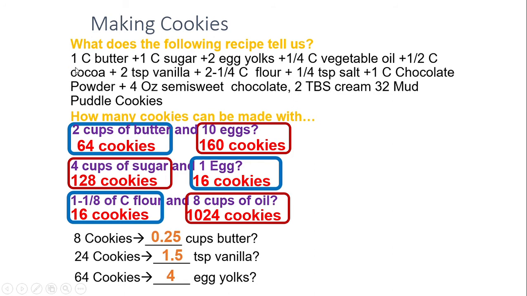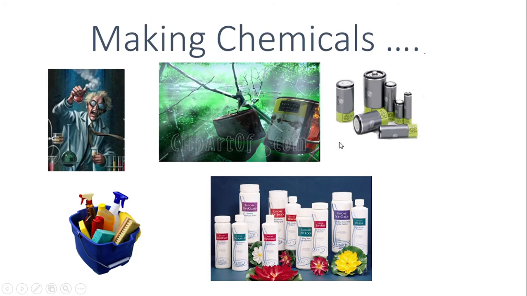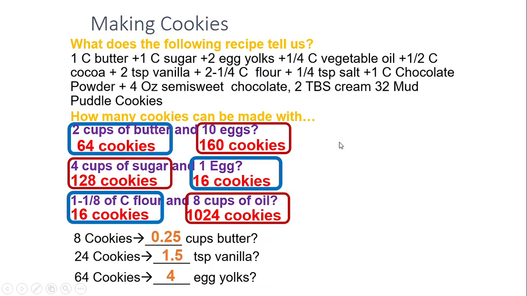If you combine these ingredients with the given measurements, it will yield 32 pieces of cookies. There are some ratios that we use in order to yield 32 pieces of cookies.